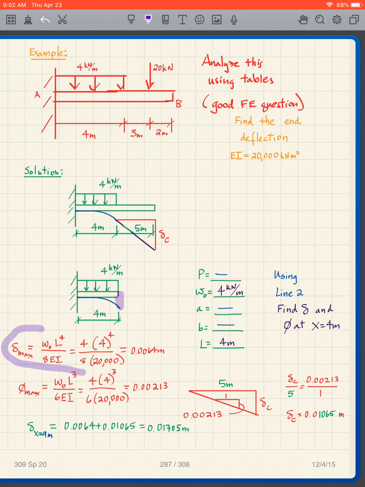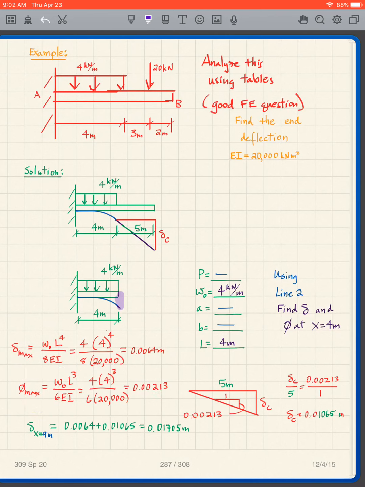We get the delta max, plugging all those values in. I get that value for my delta max, but then I also get the slope at the end, plugging in those values also, and the slope is 0.0213.